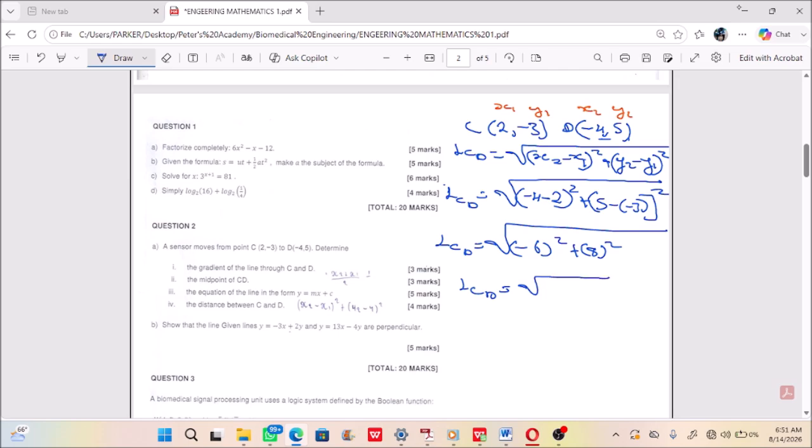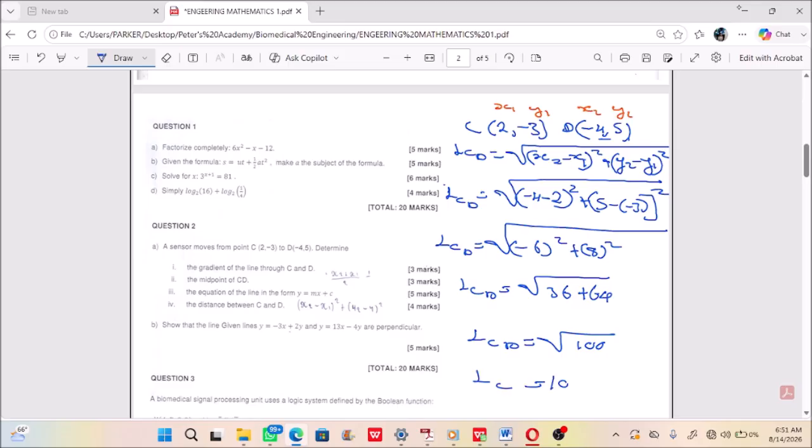Negative 6 squared is 36, plus 8 squared, that is 64. What is 36 plus 64? That is the root of 100, and the square root of 100 is 10.